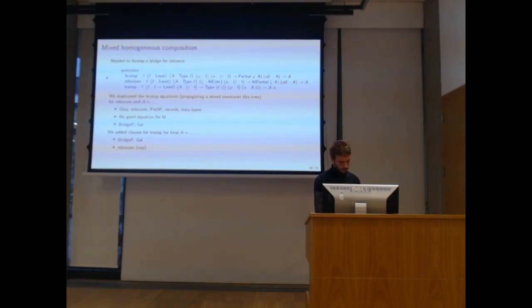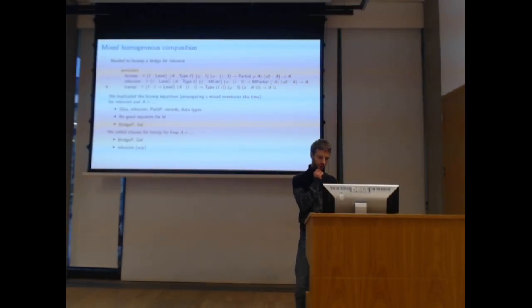Okay, so let's take a look at mixed homogeneous composition now. So it looks like HComp, of course, but you have different types of constraints. So in HComp, we specified an I cofibration, but now we specify mixed constraints, and also what I call the adjustment there, U. It's going to be a line of mixed partial elements this time, and not partial elements. And mixed partial is this M partial primitive of bridges. And so I had to duplicate the HComp equations, basically, for mixed composition.